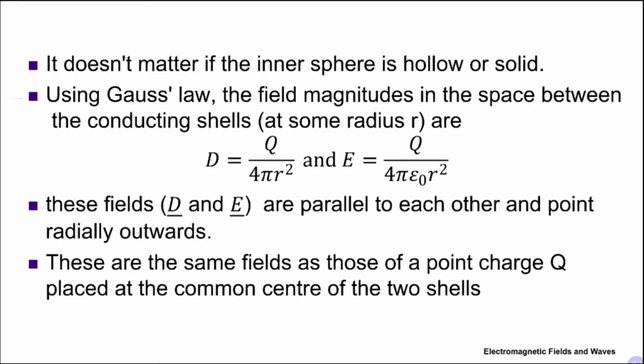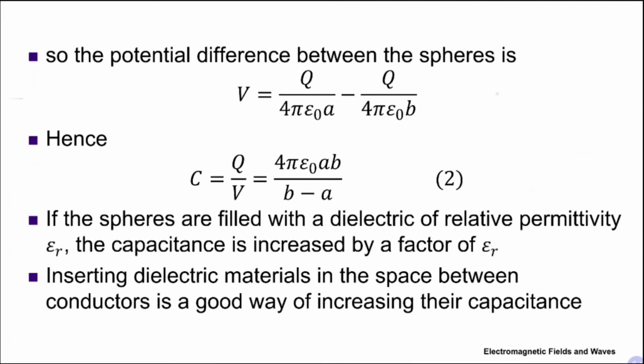Okay, earlier on we said that V equals Q over 4 pi epsilon naught R for a point charge, reference to infinity, at a distance R from the point charge. So in this case here we have VA. This will be my VB. So my potential difference will be my VA minus VB.